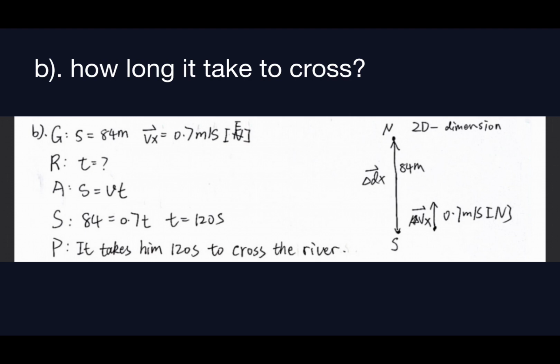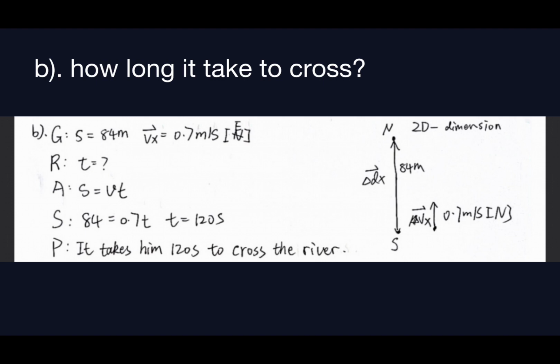And let's look at question B. How long does it take to cross? This is quite simple actually. We also apply the GRASP method: the distance traveled is 84 meters, while the vertical component of the velocity equals 0.7 meters per second, and it is asking for the time.